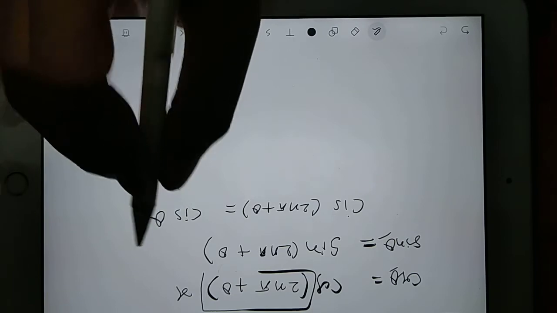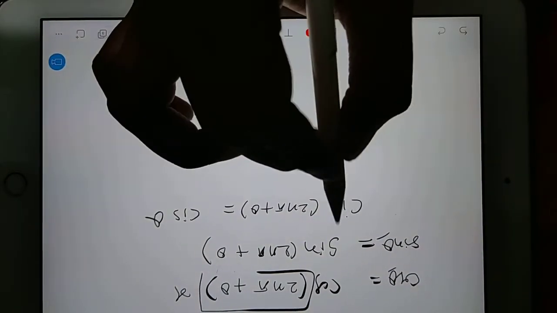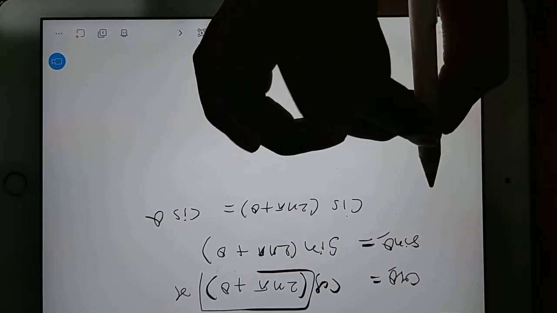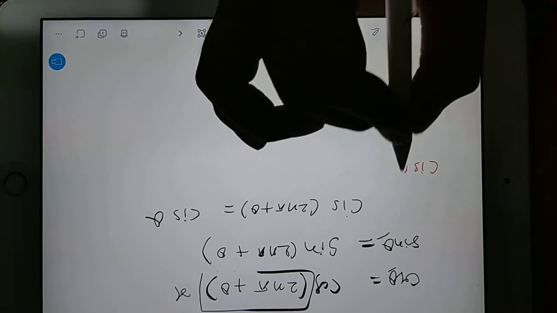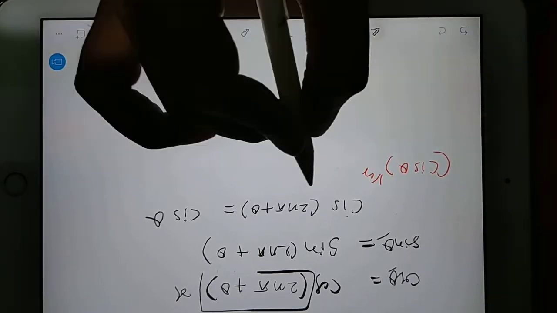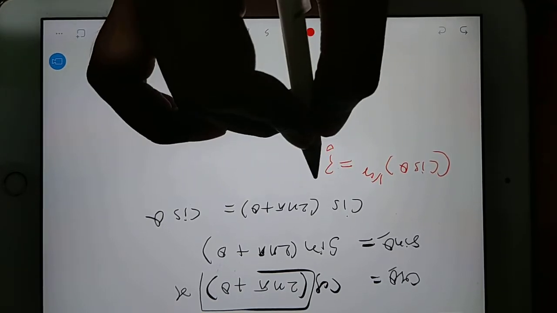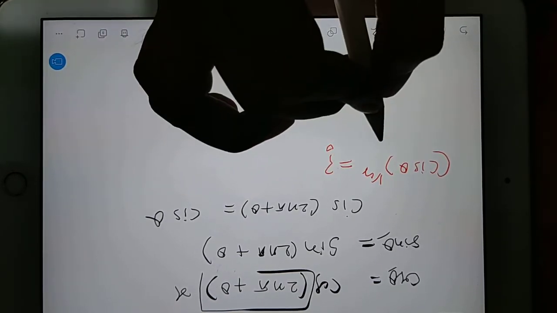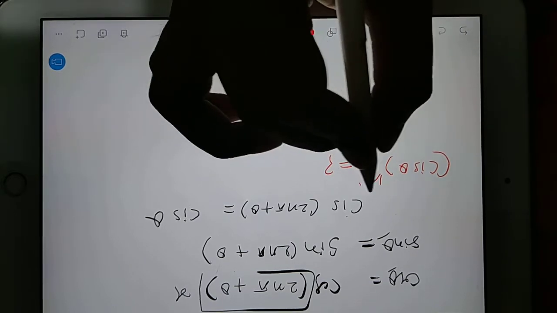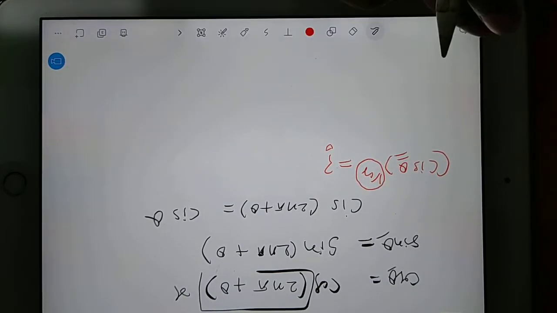Okay, now we have a magical point. That magical point is, because we are finding the root, if we have to calculate (cis theta) power 1 by q, then I can use De Moivre's theorem, and with the help of De Moivre's theorem, this 1 by q I can divide into the angle.